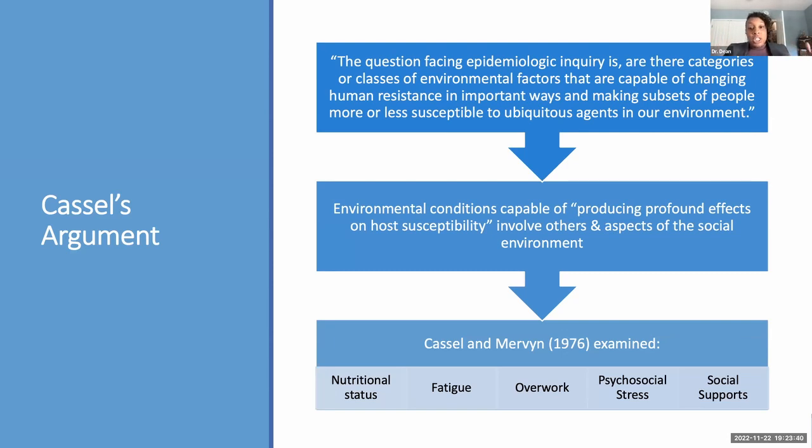Instead, there's a cross-section of someone's individual risk and their social environment that leads to their personal disease susceptibility. However, environmental conditions could produce profound effects on people's susceptibility. And Cassel talked about some work that he did with Mervyn, which focused on things like nutritional status, fatigue, work conditions, psychosocial stress, and social supports.